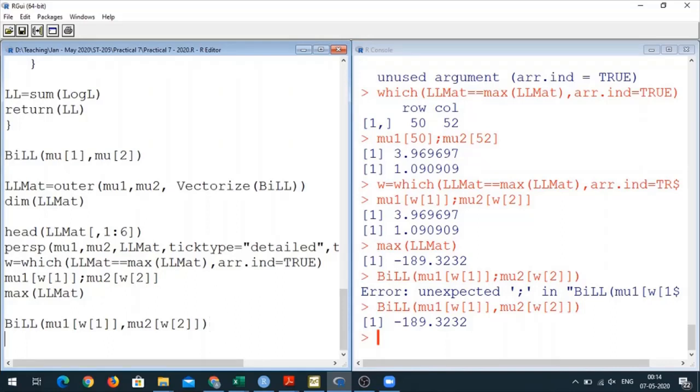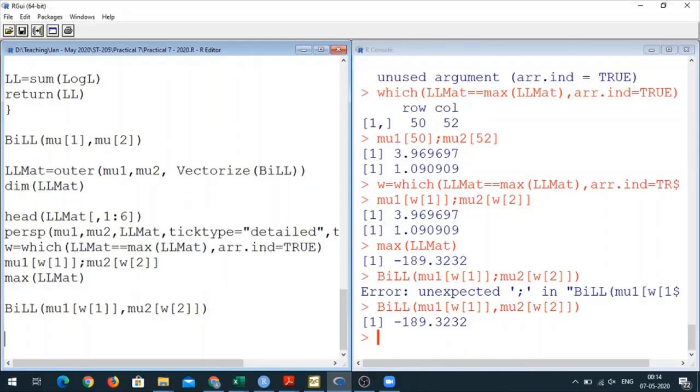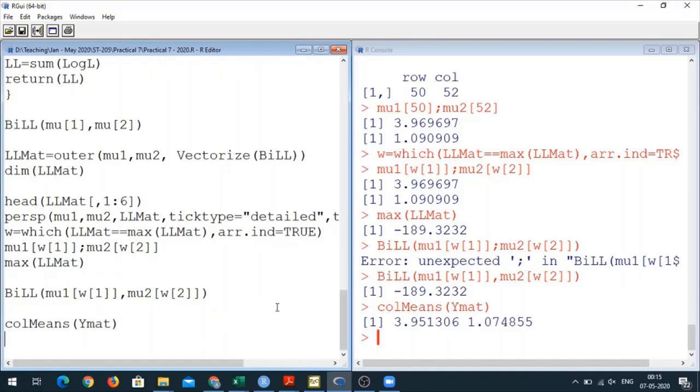Now if I want, I can try to compute the sample means and see if my estimate is close. So call colMeans of my data. My data was in YMAT. See, 3.96, 3.95, 1.07. So we are quite close.